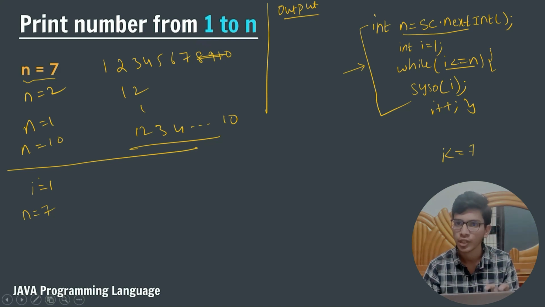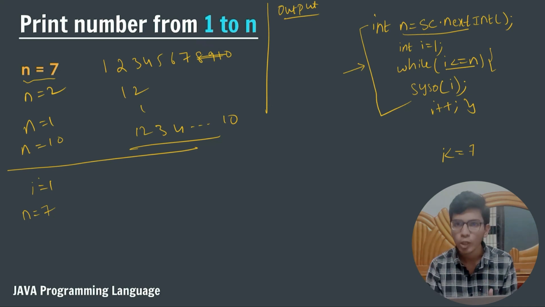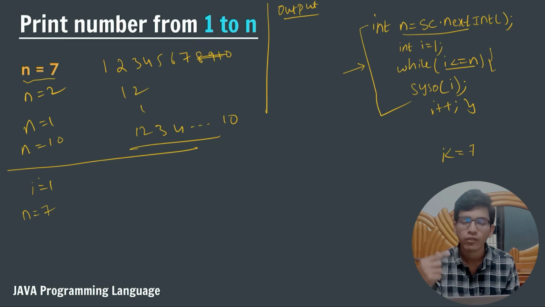If that particular condition is true, then we'll come into our loop and do whatever work is given in the loop, and we'll update the value of i, and again we'll check if that condition is true. Then we'll execute the statements and increment the value of i again, and this looping will continue until our provided condition becomes false.